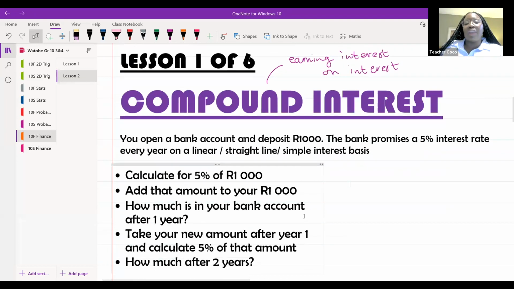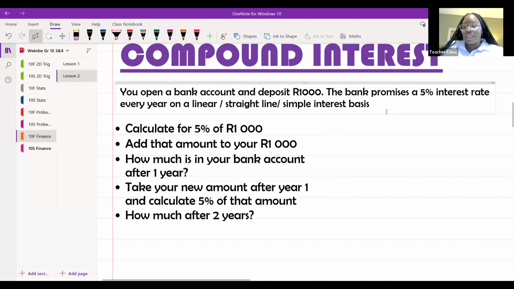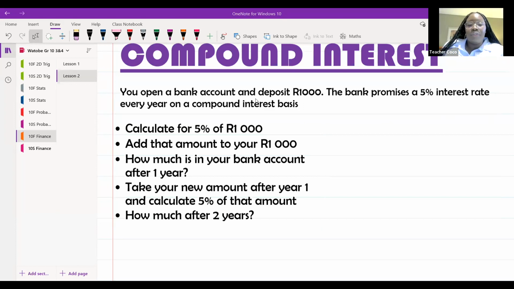All right, let's look over here. This example looks exactly like the examples you did with Teacher Jen on Monday, 100% the same, except instead of a linear interest basis, we're going to look at a compound interest basis. Now, if I asked you to calculate your interest for 1 year, you would say 5% of 1,000 Rand.